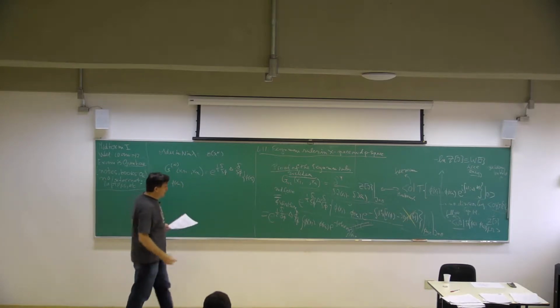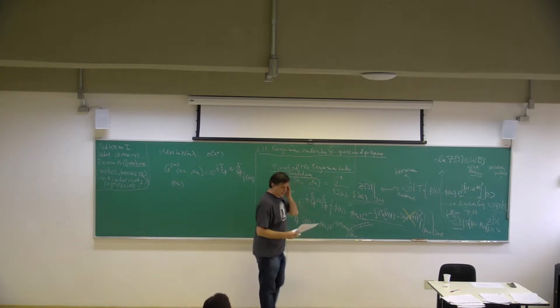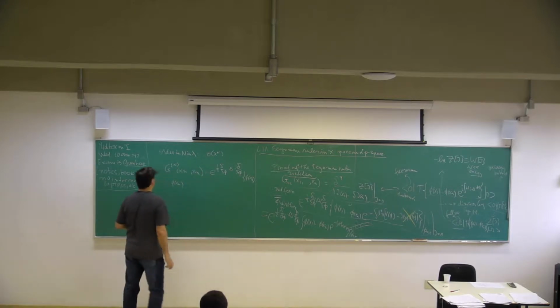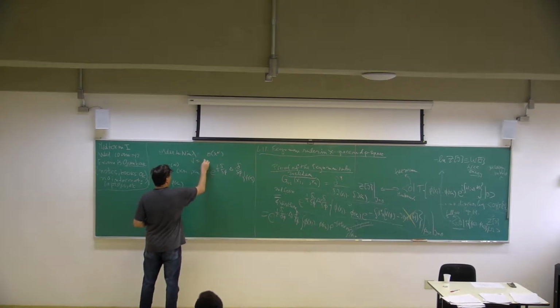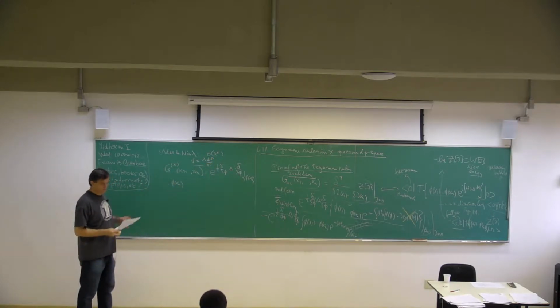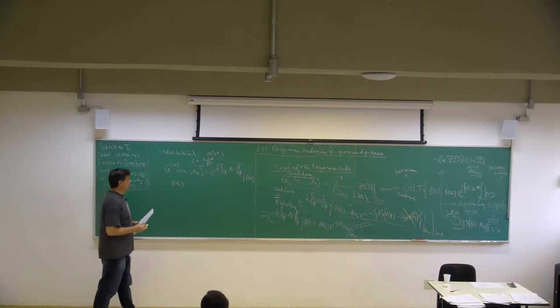And now we expand this exponential, which comes with a lambda. Let's moreover consider specifically V is lambda phi to the p over p factorial. Okay, so a polynomial potential, which is the case we're most interested in.